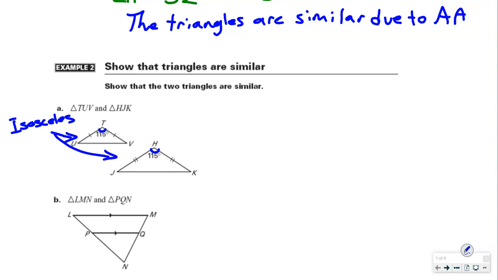If we remember back to Unit 4, anytime we had an isosceles triangle, we knew the base angles were congruent with one another. So we know that angle U is congruent to angle V, and angle J is congruent to angle K. Since we know what T is, we can subtract that from 180.